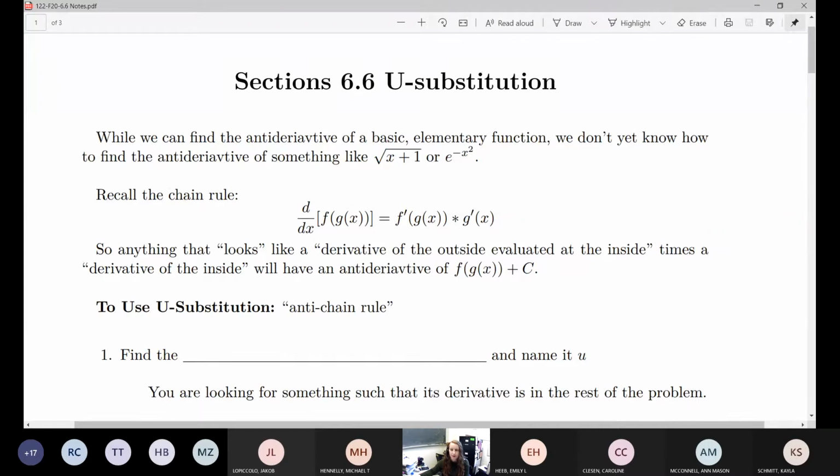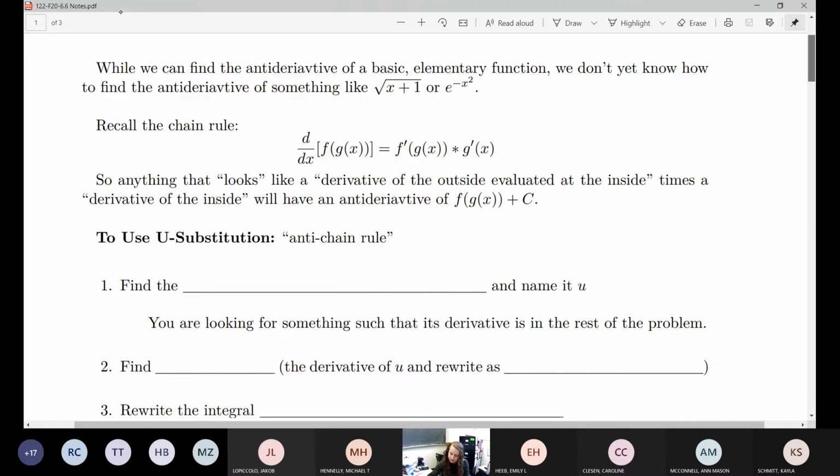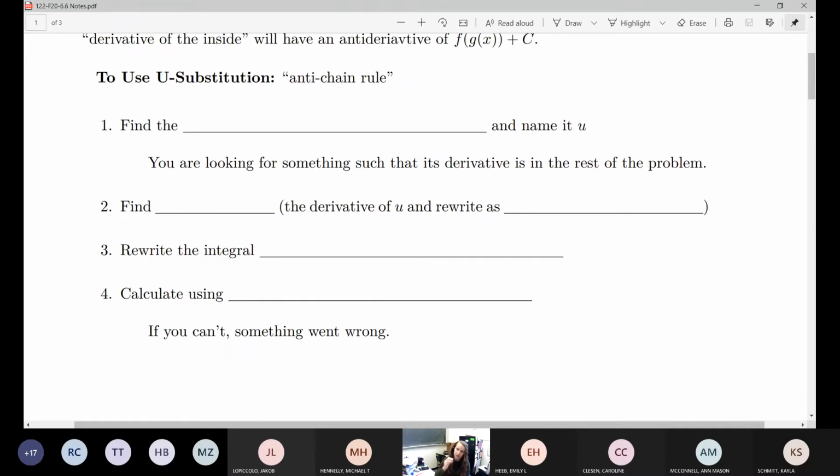It's kind of like a backwards chain rule, an anti-chain rule, but I'm going to call this U substitution. This one actually has a name, as opposed to the anti-chain rule. So this is formally called U substitution.